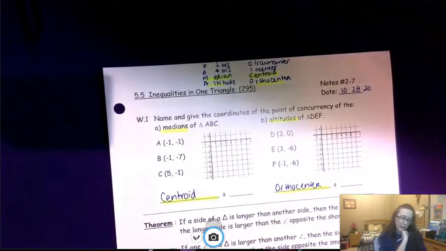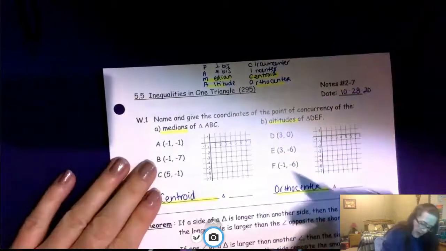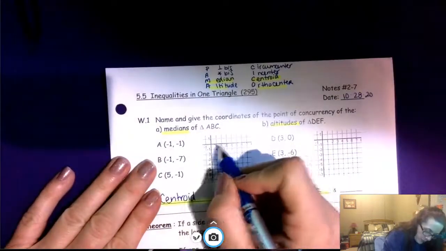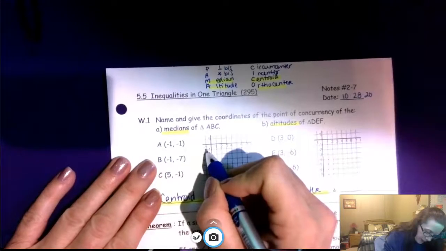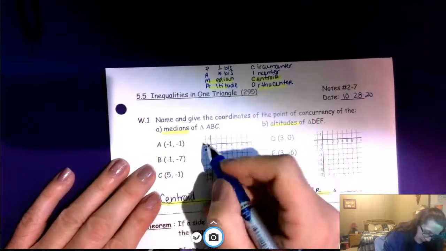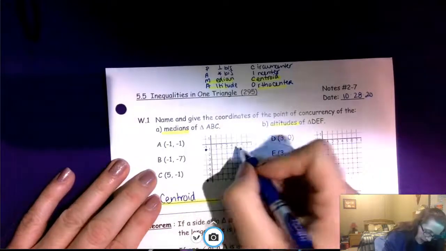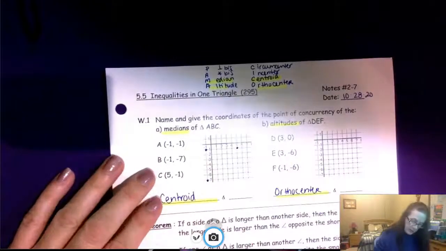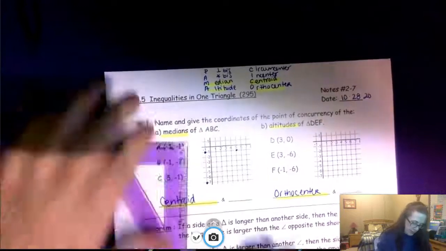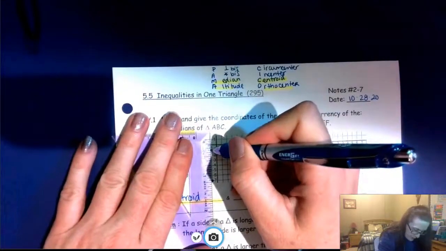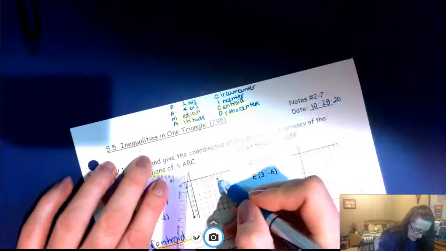Okay, so I'm going to plot these points and create my triangle. I am at -1, -1 right here, -1, -7, and I am at 5, -1. I use a straight edge to create my triangle.